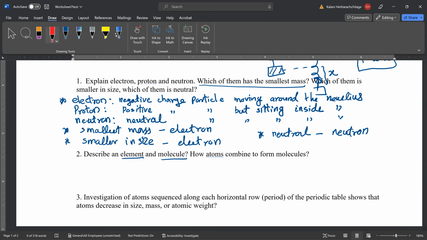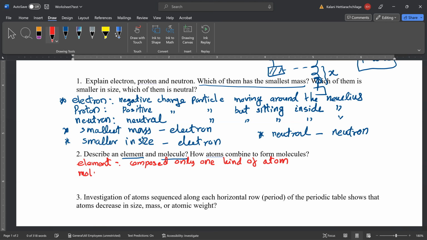So let's write it in words. First one is element. I would say in my words, composed of only one kind of atom. That's what we call an element. The periodic table, the elements that you have, those are called elements.